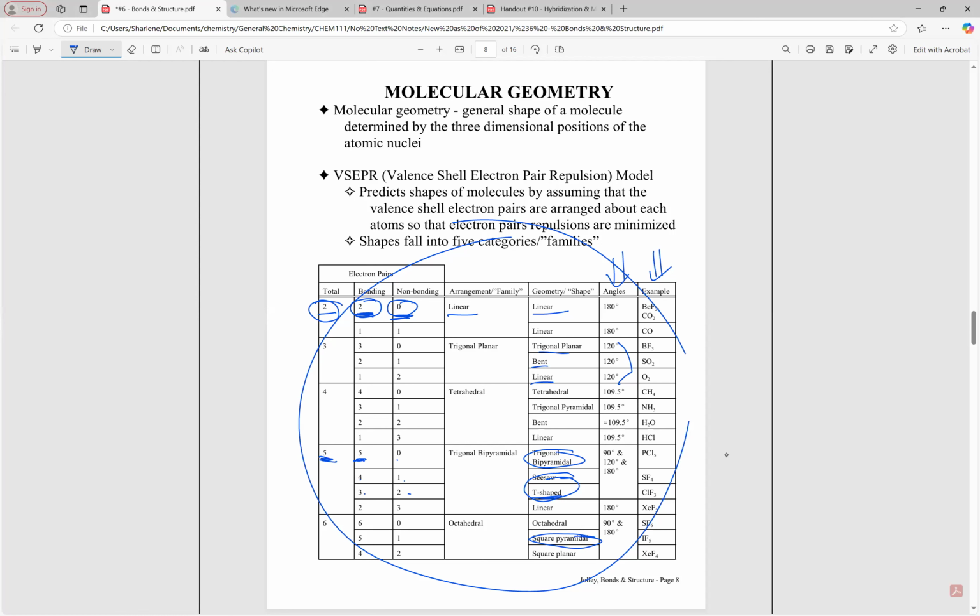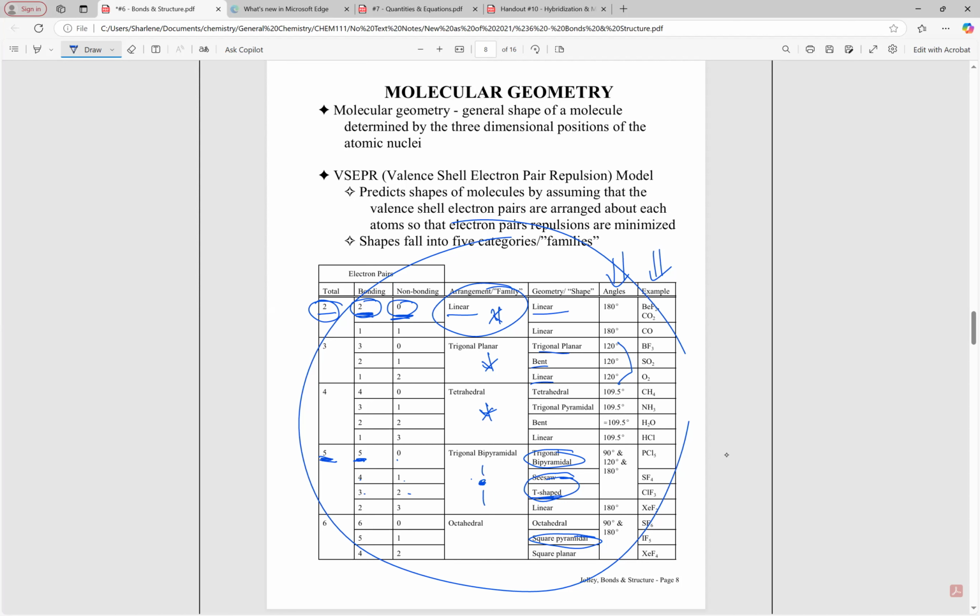So that is called valence shell electron pair repulsion. The family also gives its angle. Up through family 4, linear is always 180, trigonal planar is always 120, tetrahedral is always 109.5. But when you get to family 5 and family 6, there's actually 2 different locations.